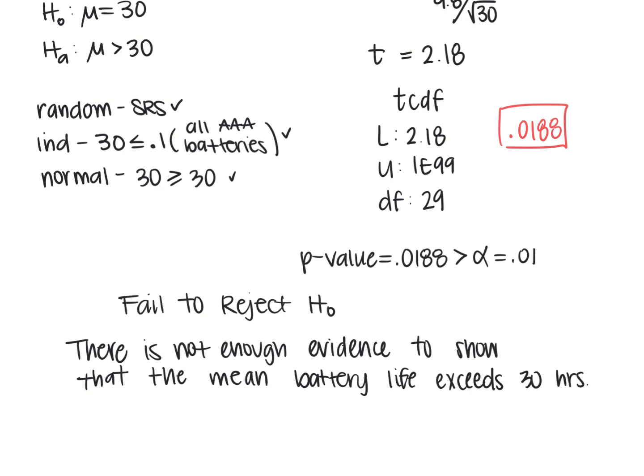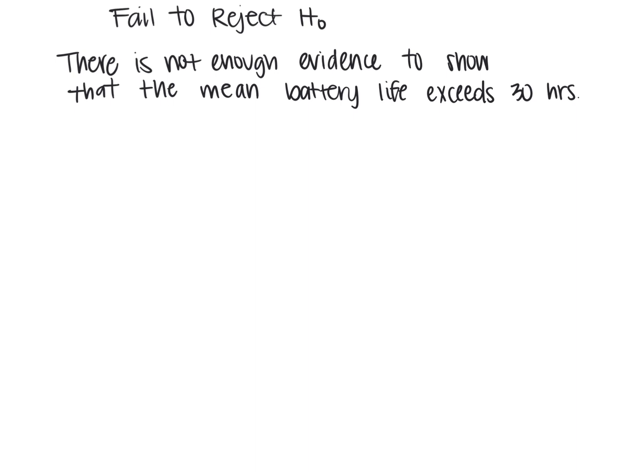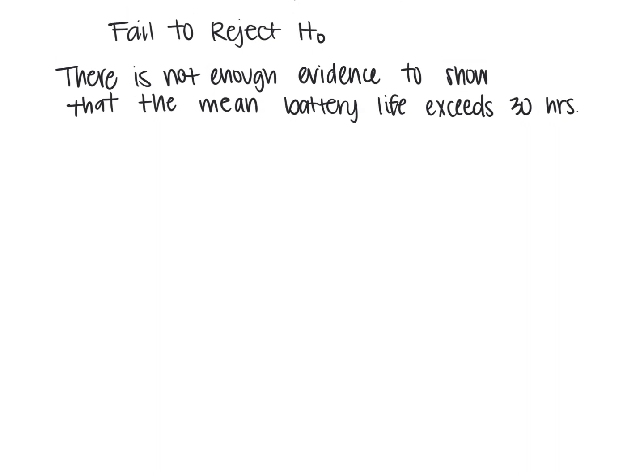The next thing I want to show you is how to perform this test using your calculator. There is a calculator function for a significance test for a mean, just like there were for proportions. So you go to stat and you go to tests. Then you want to do a t-test, which is number 2.